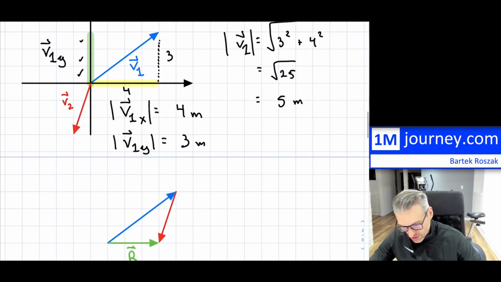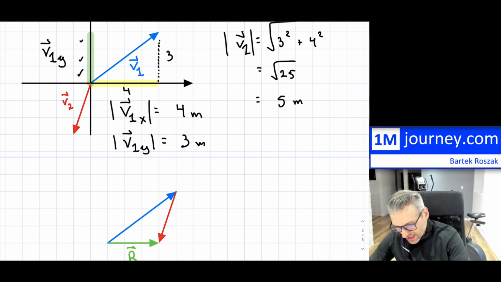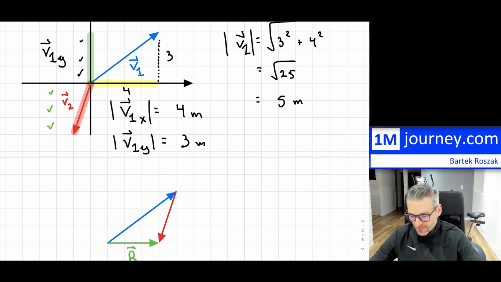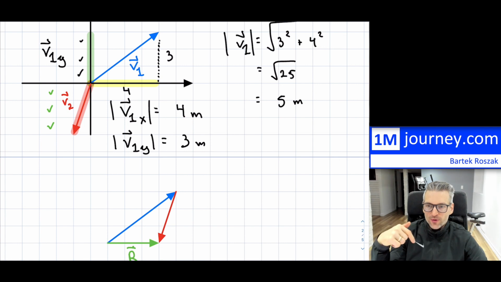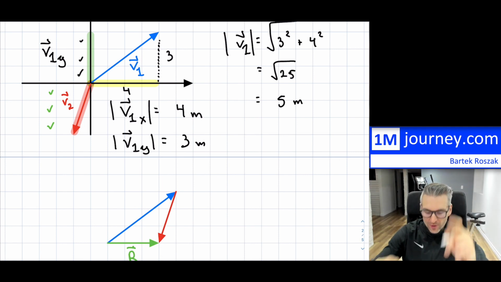So in this case, look what happens to the y components. The y component of my vector, if I take this vector right here and take the y component, that y component has 1, 2, 3, right? But it is down, while my vector V1 is 3, but it's up. So those y components are canceling.